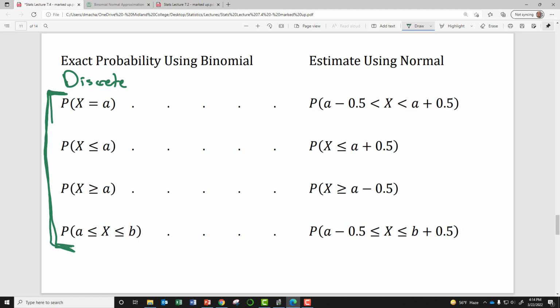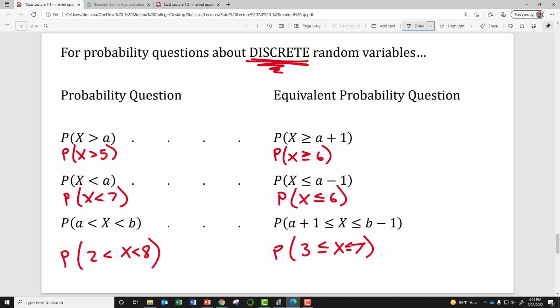And if you happen to get a question that gives you the exclusive version that only has the less than or the greater than signs and not the less than or equal to, you have to use this table to convert between the two. And of course, you don't need to memorize the table if you use a little bit of common sense and really understand where this table comes from and why. So take a moment if you don't understand, study this closely and see if you can figure out why.